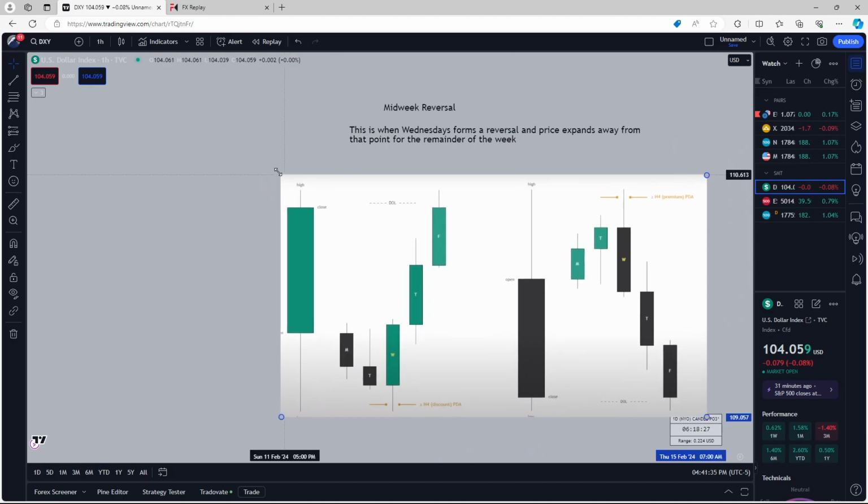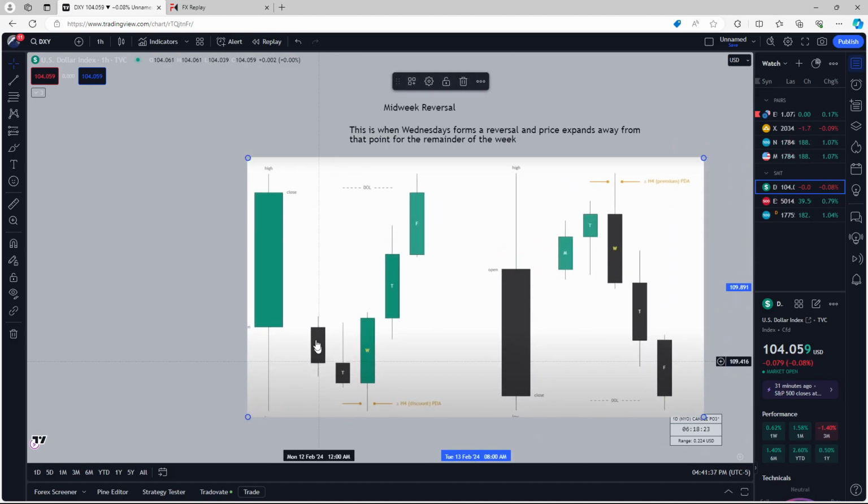Bullish example, right? Monday, Tuesday do whatever they want. Wednesday, however, interacts with a higher time frame PD array. Thursday, Friday, we just rally to our draw. And then bearish, Monday and Tuesday are consolidating or bullish. Wednesday hits a higher time frame PD array, and we reverse for the next 3 days.